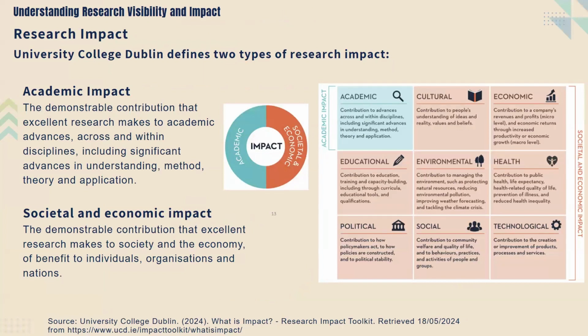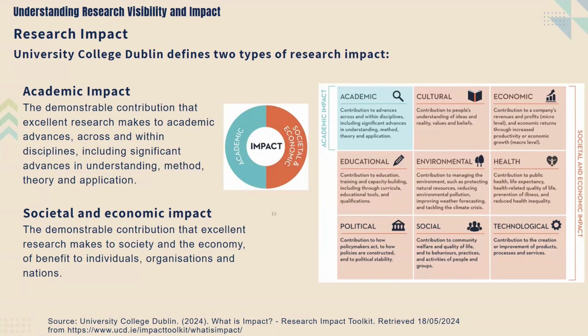University College Dublin categorized research impacts into two distinct types: academic impacts, and societal and economic impacts. Academic impacts are the clear contributions that outstanding research offers to scholarly progress, both across various fields and within specific disciplines.